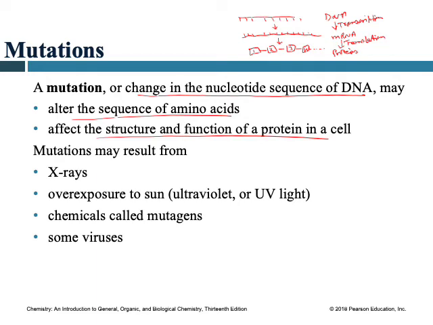And if this information is removed from the mRNA, then you might be leaving out some of the amino acids from the protein, right? And if you change the amino acid sequence, then you are changing the protein.